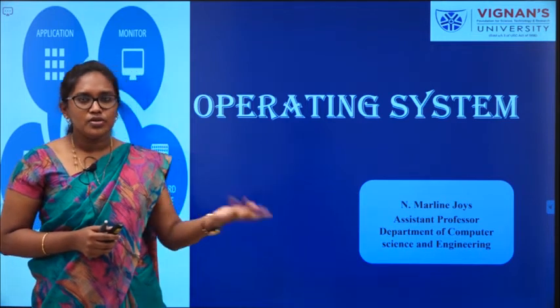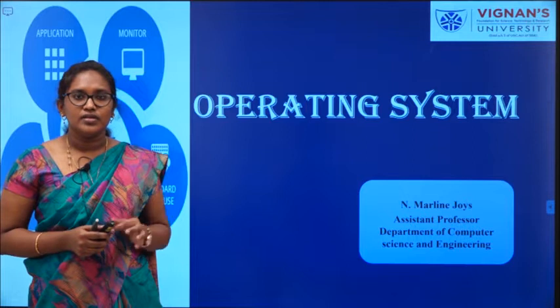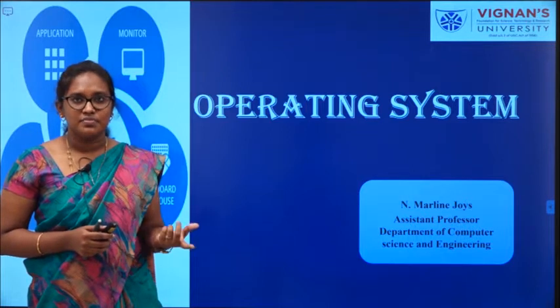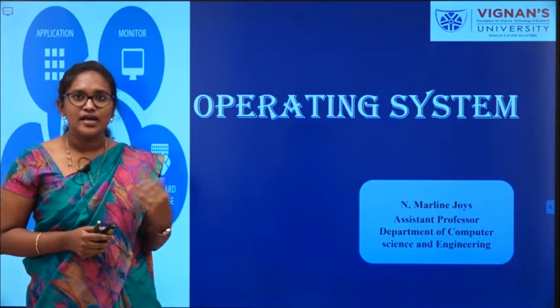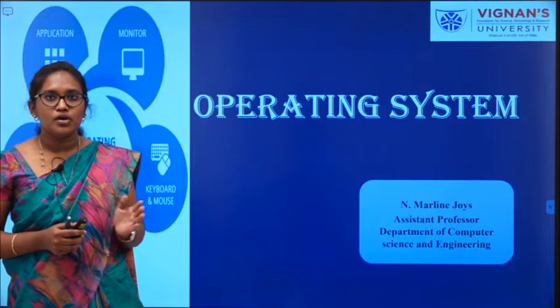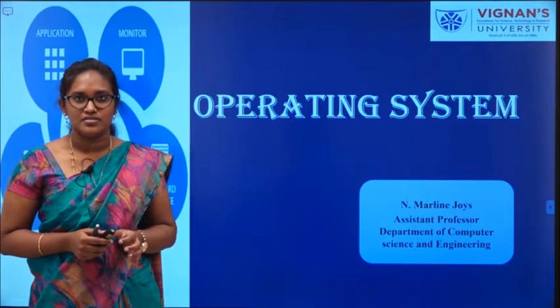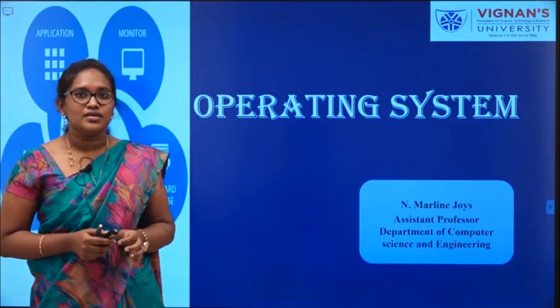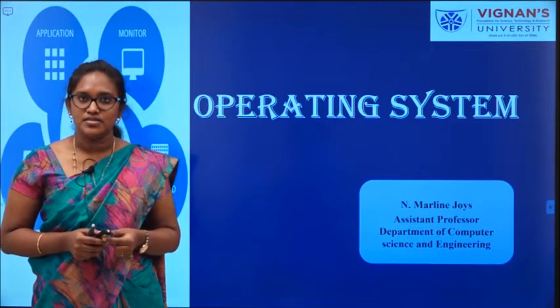If you want to communicate with the computer, have you ever thought about whether the computer knows Japanese or Telugu or English or any other language? No, right? The computer's only way of understanding is zeros and ones. So here we come across a concept called the operating system.